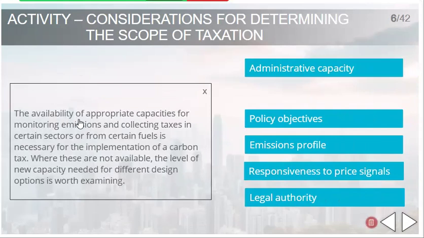The availability of appropriate capacities for monitoring emissions and collecting taxes in certain sectors or from certain fuels is necessary for the implementation of a carbon tax. Where these are not available, the level of new capacity needed for different design options is worth examining.